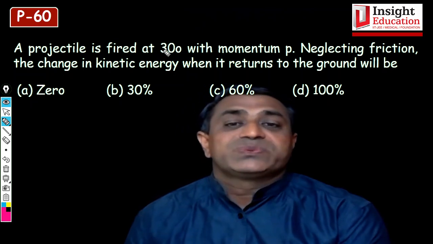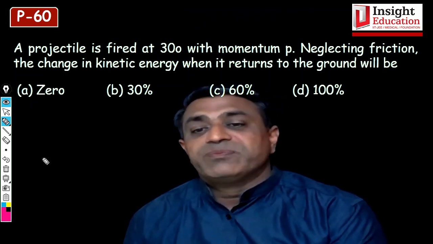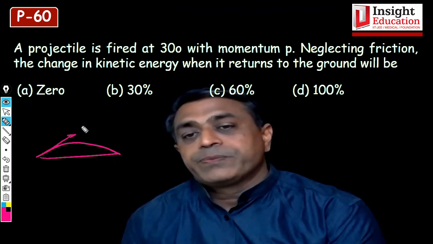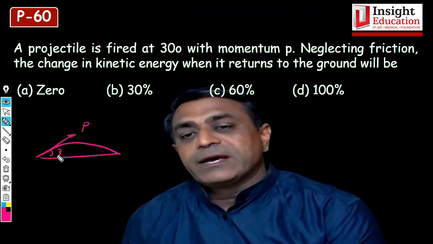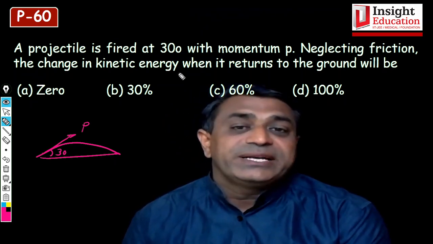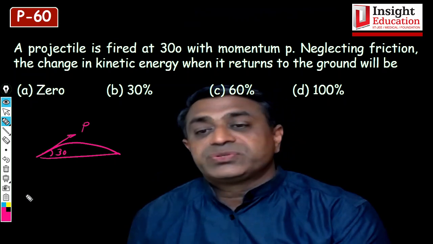A projectile is fired at 30° with momentum p. So p is the momentum, the angle is 30°. Neglecting friction, what is the change in kinetic energy when it returns to the ground?